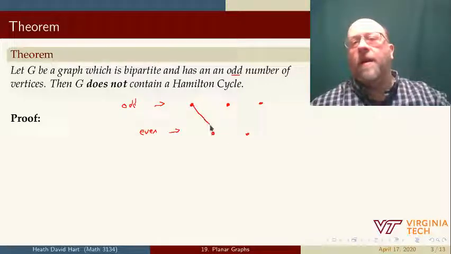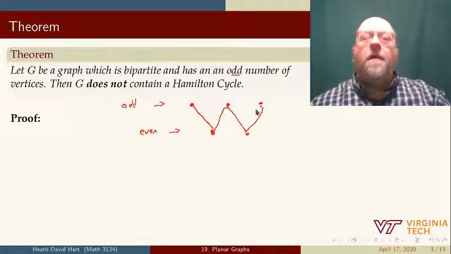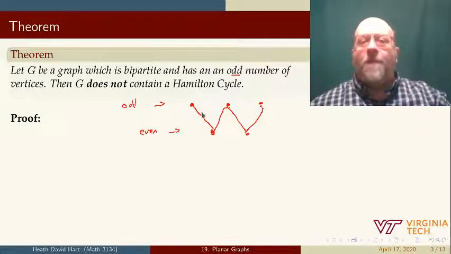And if I were to try to create a Hamilton cycle, I can have an edge that goes from a vertex in the odd set to a vertex in the even set. Then the next edge would have to go back to the odd set because no edges connect two things in the even set. Then I could go back down to the even set, back up to the odd set. But because I don't have the same number of vertices in each set, I can't close up the cycle. That's the idea.